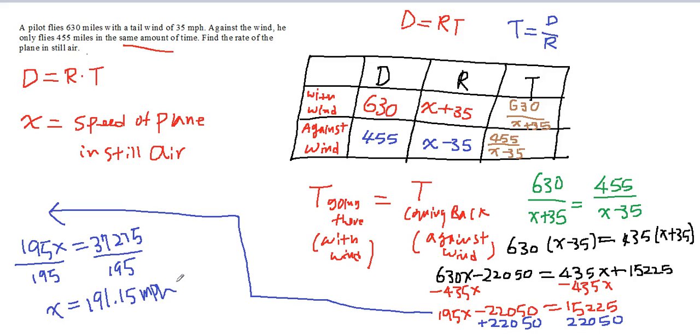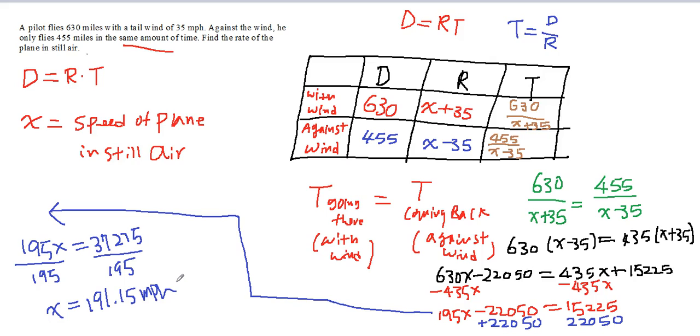Let me go back. 630 times 35 is 22050. 435 times 35, I get 15225. That looks fine. So 15225 plus 22050 is 37275, divided by 195. So you get about 192 miles per hour.